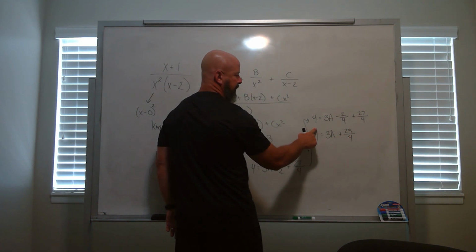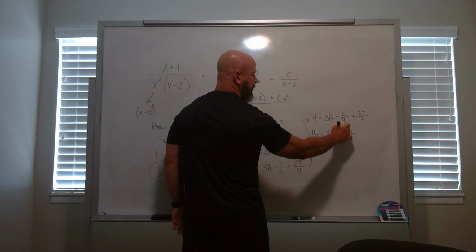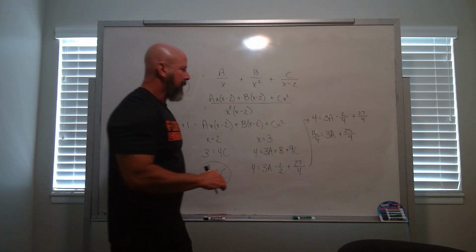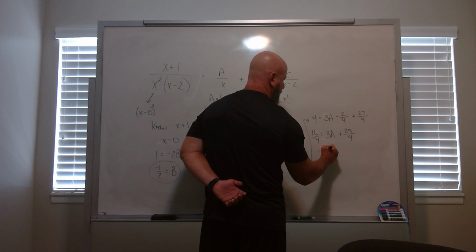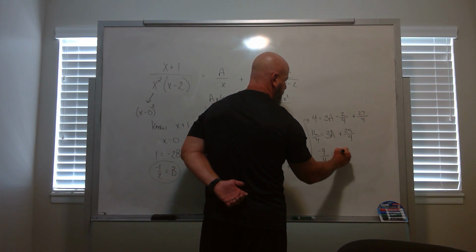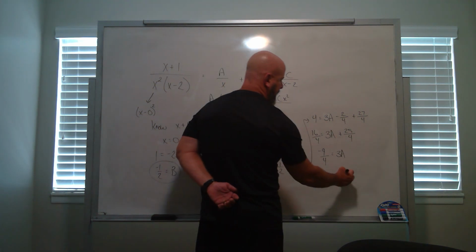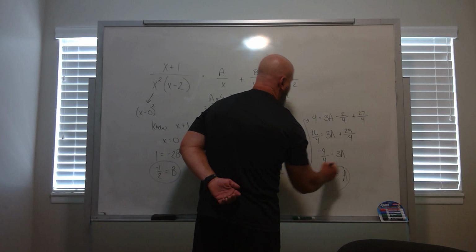And actually, I'm going to change this 4 to 16/4, just so I have the same denominator, because I'm going to have to bring that 25/4 over. So that would be 16/4 minus 25/4, which is negative 9/4. And then if I divide by 3, negative 3/4, there's the A value.